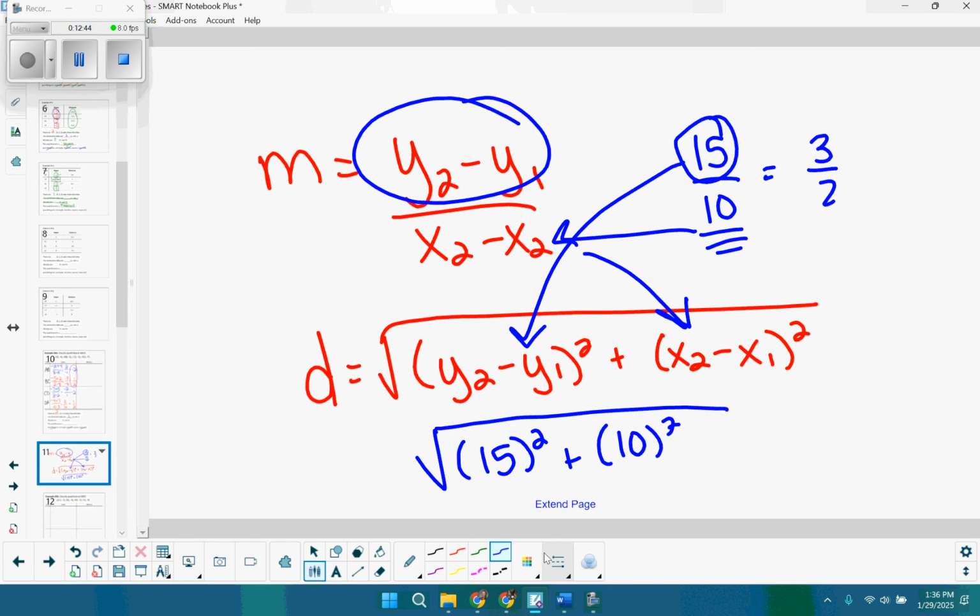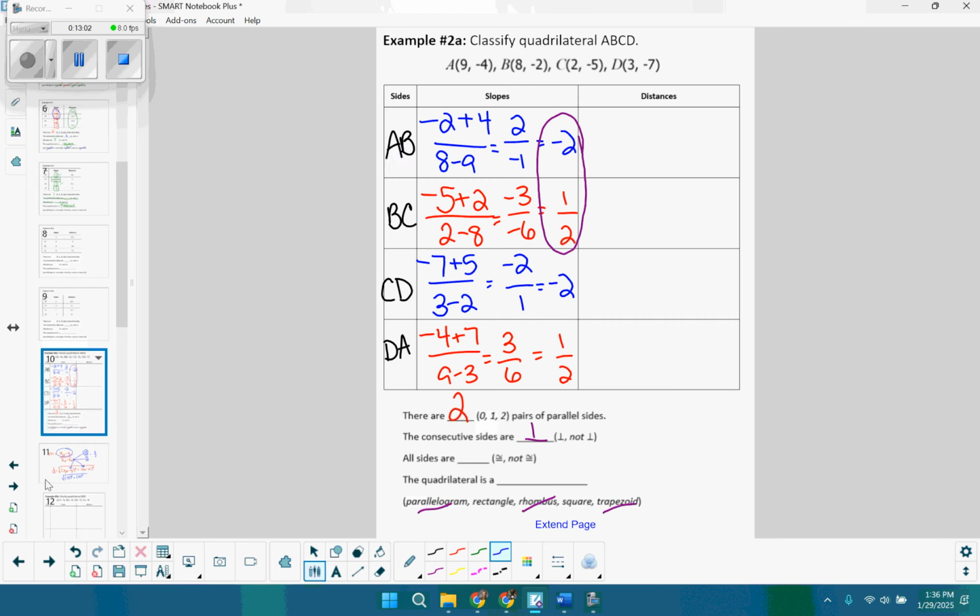So once our slope is done, we can use the original numbers and plug them in for our distance formula. That's going to save us a lot of time and a lot of headache. The only issue is if you did the slope wrong, now we're going to get the distance wrong too.